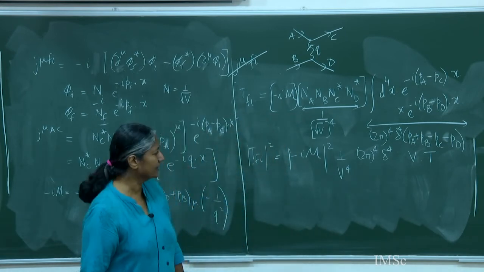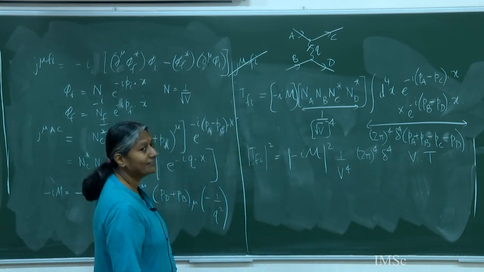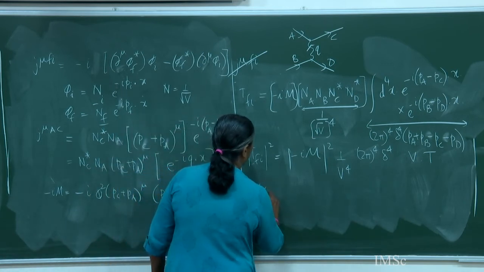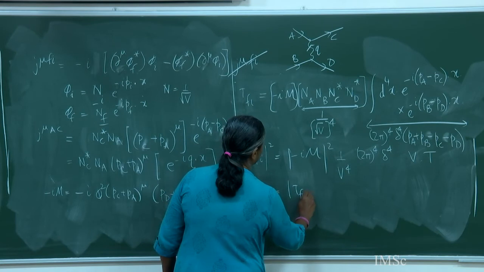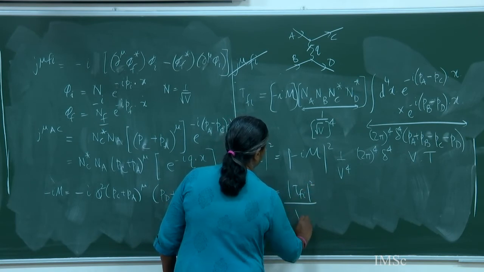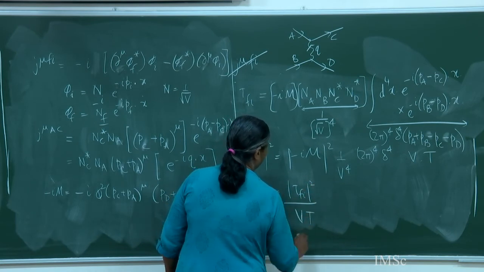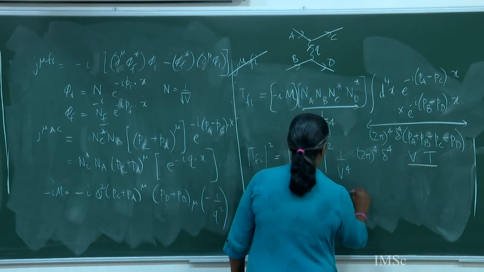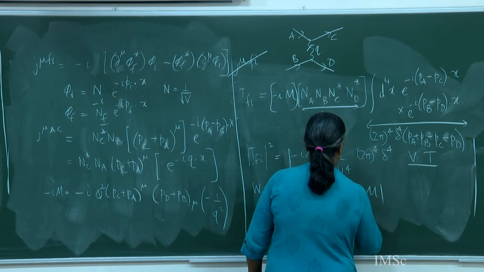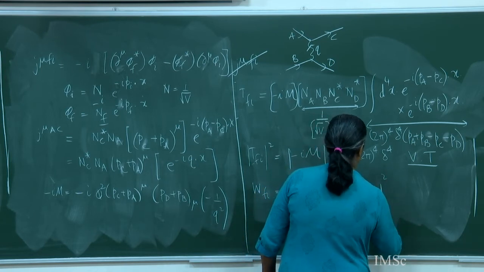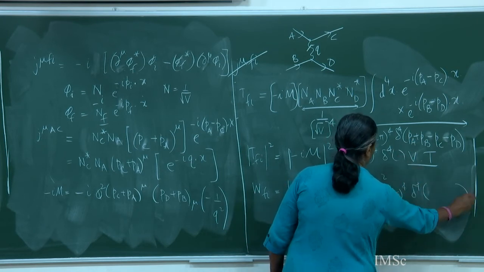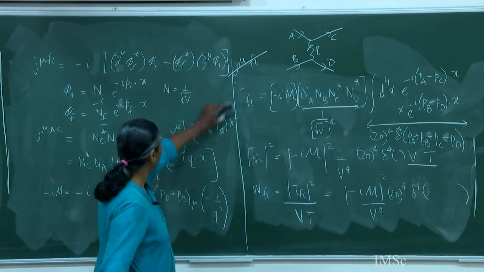I hope everybody remembers this, and that we are still repeating what was done in the last class. And then we define WFI as the transition probability per unit volume per unit time, and therefore this Vt goes away and I get mod M squared by V power 4, 2 pi power 4 delta 4 of. Is it okay?